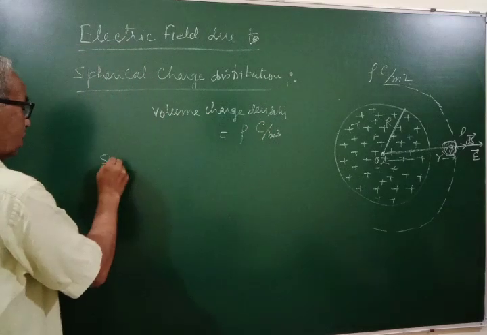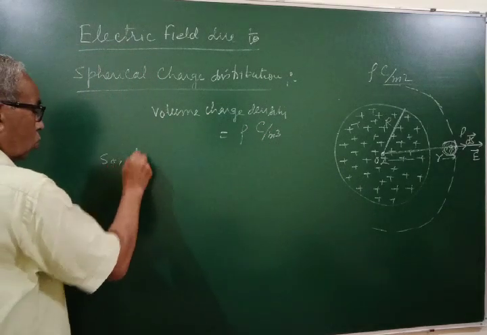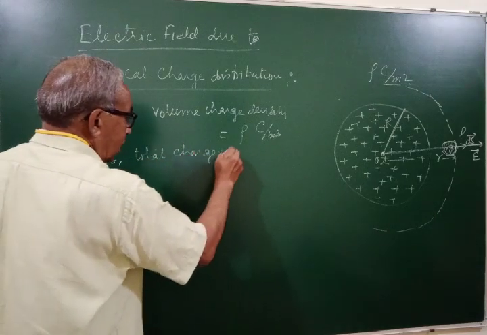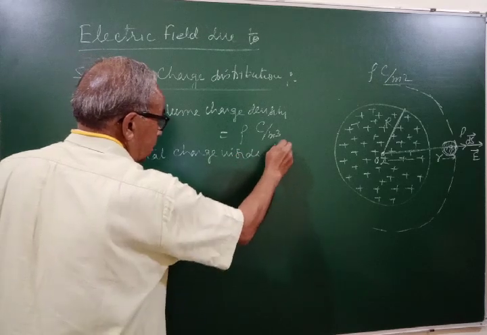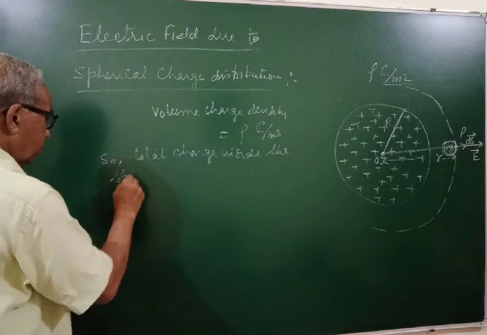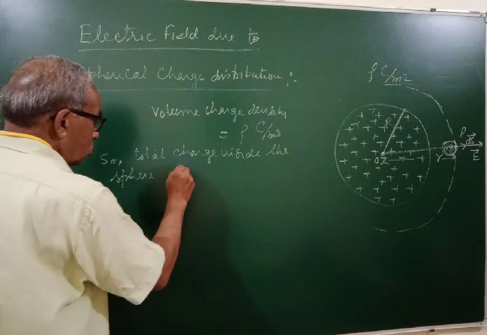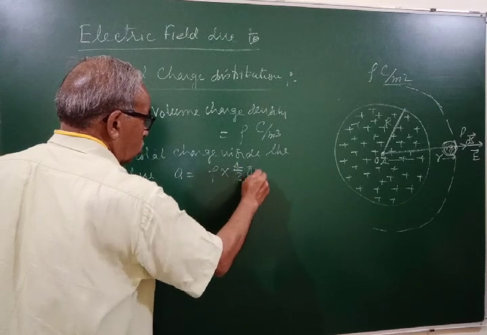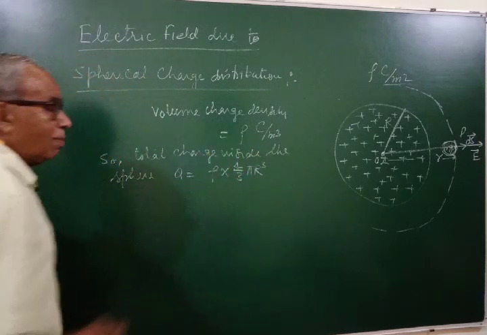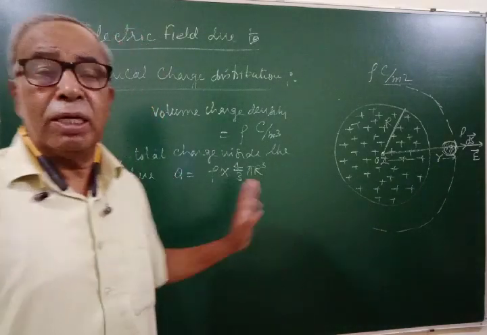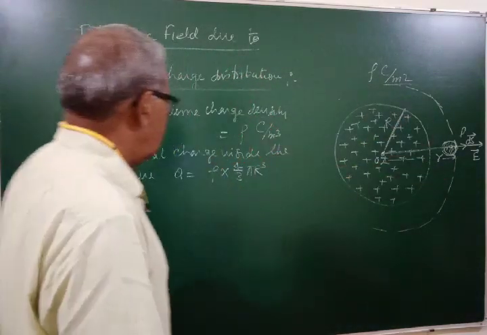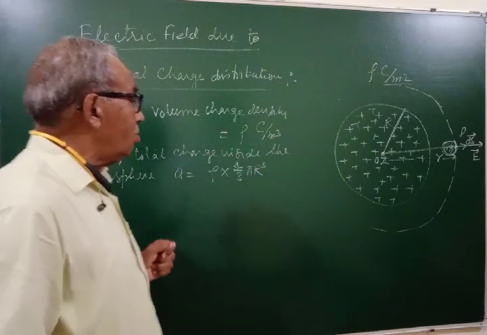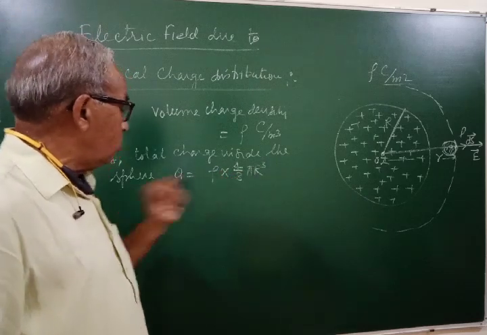So total charge inside the sphere Q is equal to rho into 4 upon 3 pi R cube. What is this 4 by 3 pi R cube? Volume of the sphere under consideration. Rho coulomb per meter cube means in 1 meter cube the charge is rho coulomb. So in 4 by 3 pi R cube volume, this is the charge.